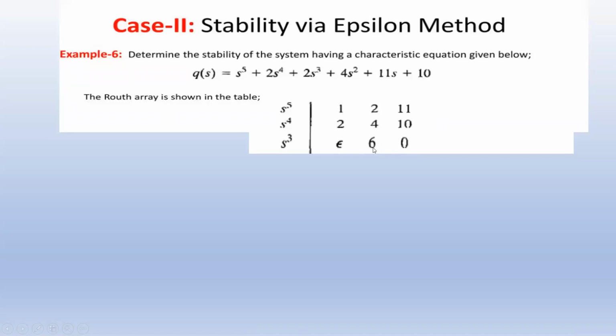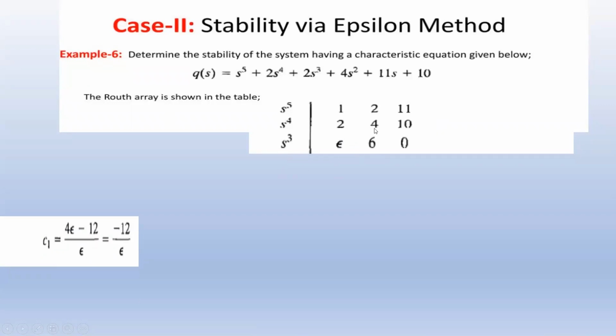What we have done is, if we encounter a 0 in the first column of this Routh array, we take out that 0 and replace it with a small positive number epsilon. Moving on to the next row, we have the coefficients of s square.